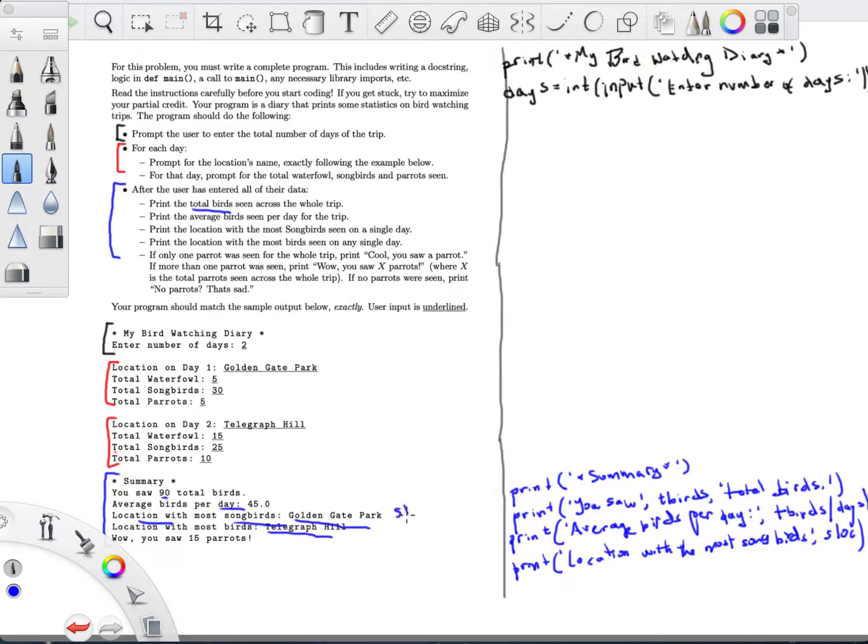So I'm just gonna say sloc is something I gotta figure out. T-birds is something I gotta figure out. Location with the most birds, bloc.